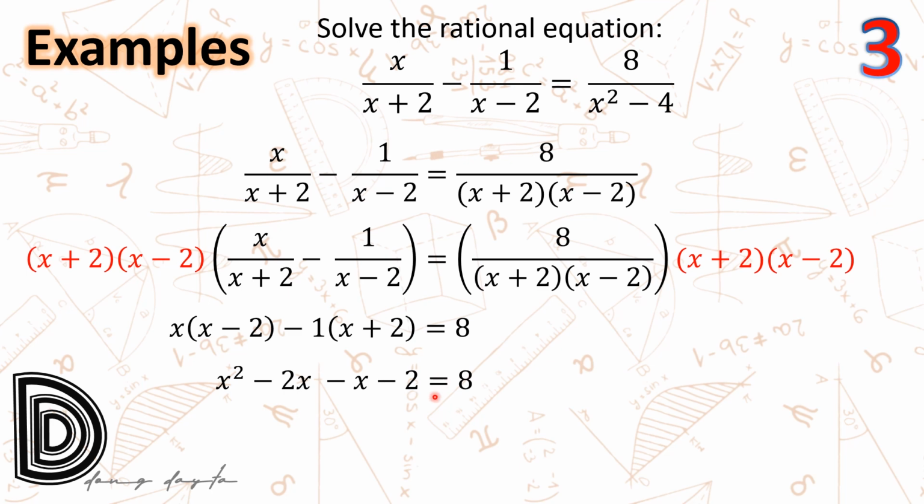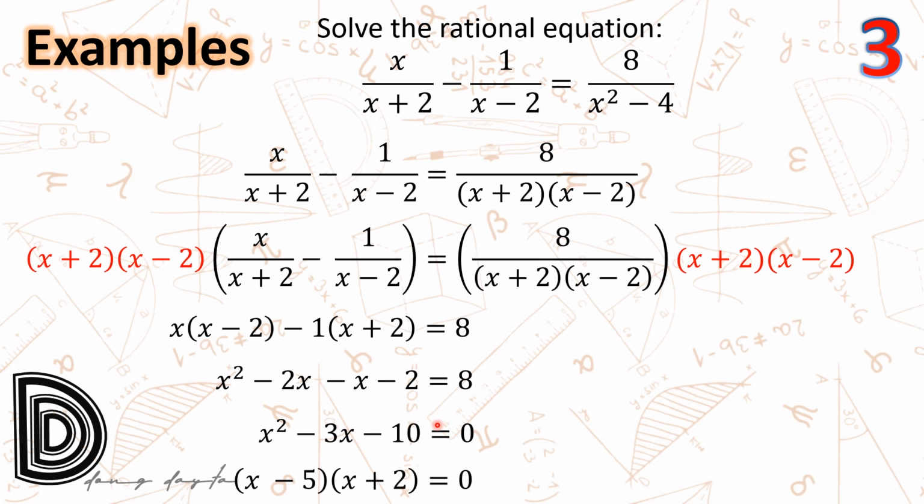And rewrite the equation. We have x squared minus 3x. Subtract 8 from both sides, so we have minus 10. Then by factoring, we have x minus 5 times x plus 2.